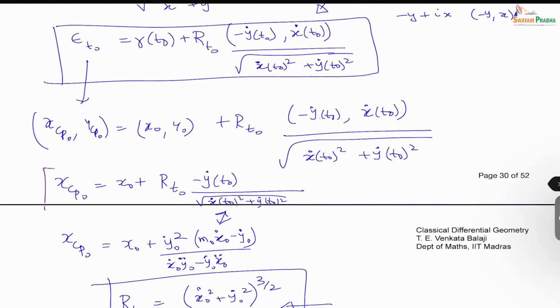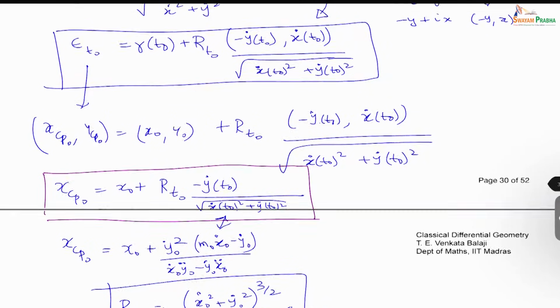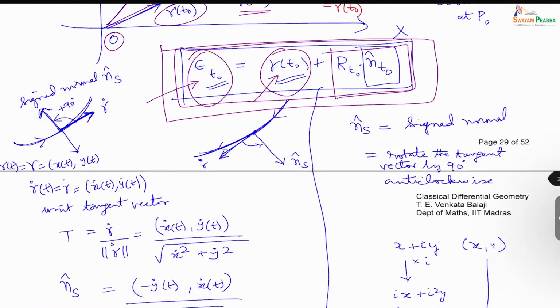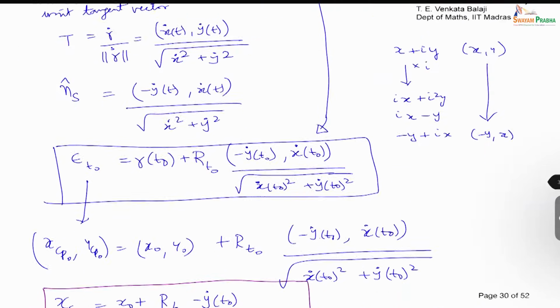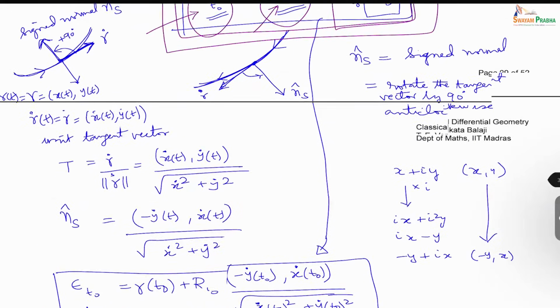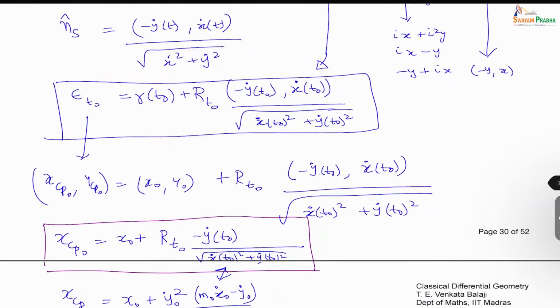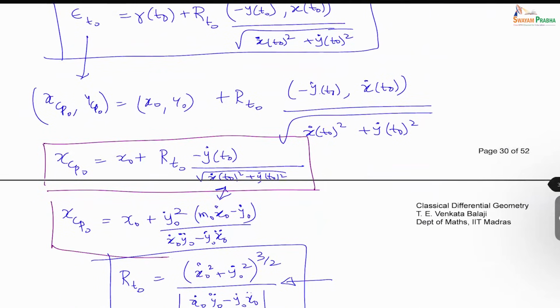So I'll show you, this was the expression that we got after taking the limit. Okay, and this expression, in terms of addition of vectors, if you write it in terms of scalar components, then the x component gives you this.